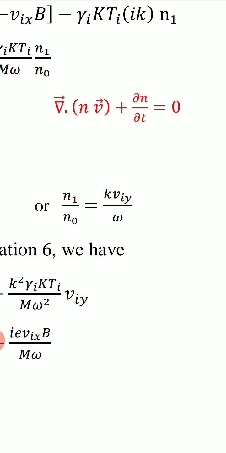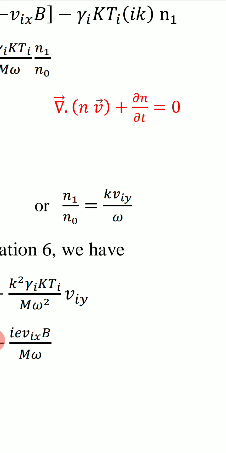Since current density J is NeV and charge density rho is Ne, e is cancelled out and we get the equation of continuity as del vector dot Nv plus delta N upon delta t equal to 0.